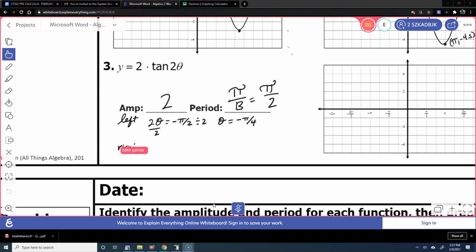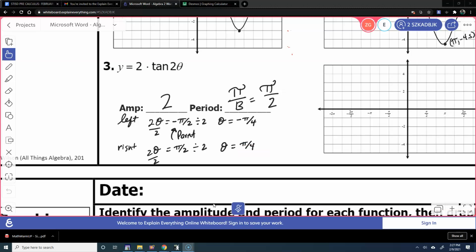To find the right one, it's going to be 2 theta equals pi over 2, divided by 2. Why do I use negative pi over 2 and pi over 2? These are the parent asymptotes. So I'm using the parent asymptotes. So I divide by 2, and theta is going to be pi over 4.